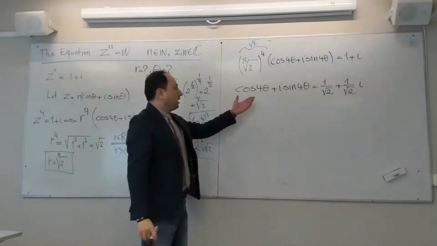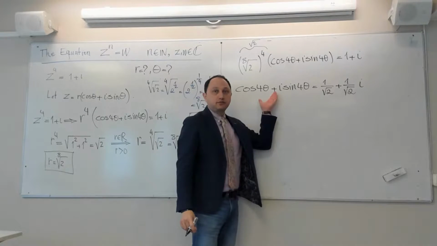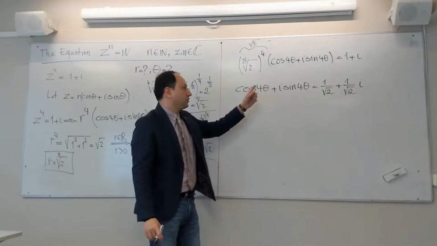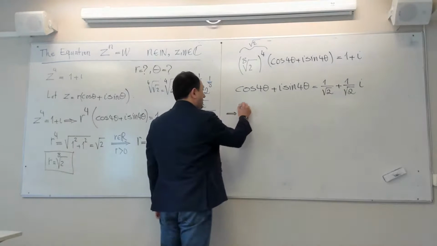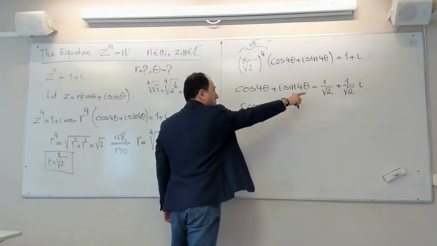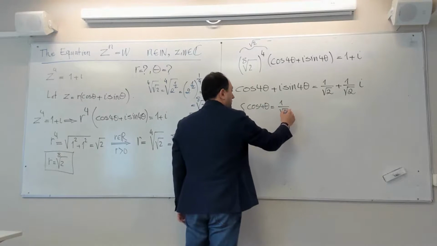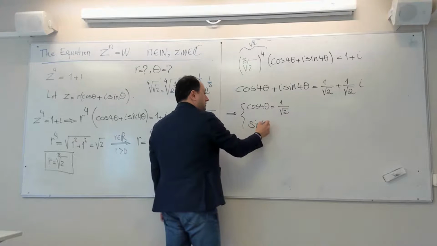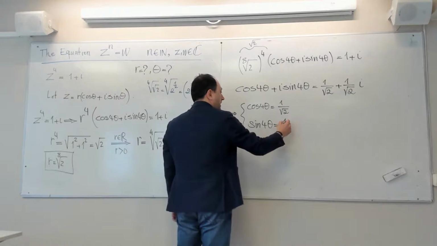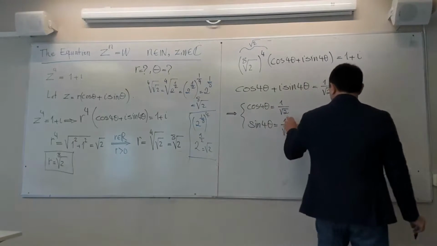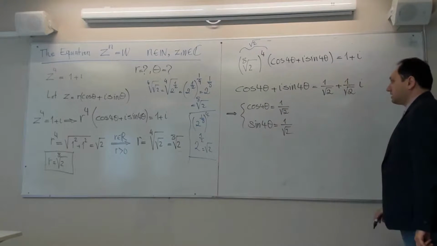Okay, now I have a complex number on the left, and I have a complex number on the right. They are supposed to be equal. So it means that the real part of the left-hand side, which is cosine 4 theta, should match with the real part of the right-hand side, and the imaginary part of the left-hand side should match with the imaginary part. Okay? So now, this is actually a famous angle. That's not hard.